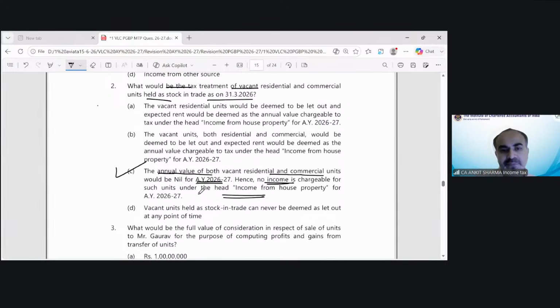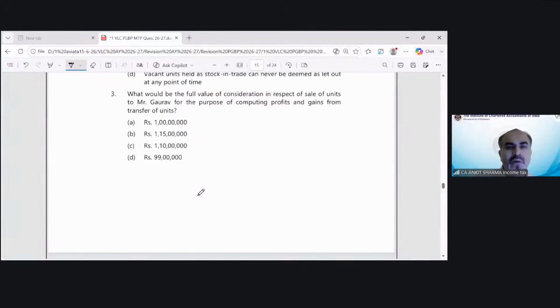Next is, what would be the full value of consideration in respect of sale of unit to Mr. Gaurav for the purpose of computing profits and gains of transfer? As you can see, for the 5 units which have been sold, consideration was 20 lakhs and stamp duty value is 22.